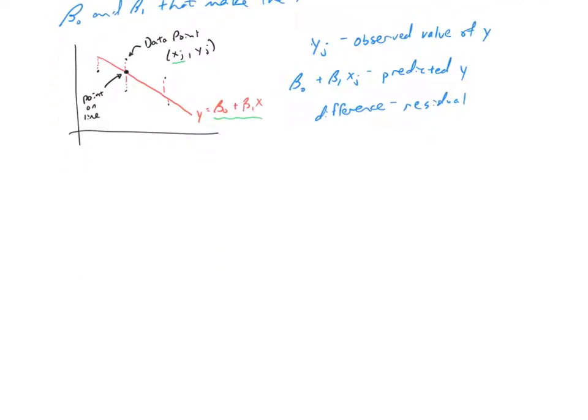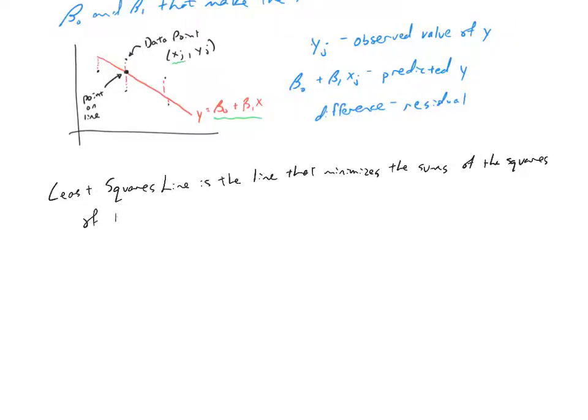Now the fancy definition of a least squares line: the least squares line is the line that minimizes the sum of the squares of the residuals.